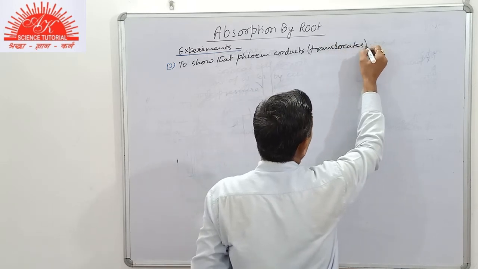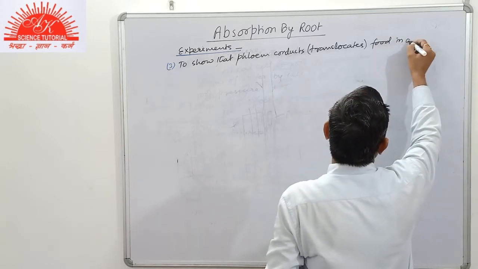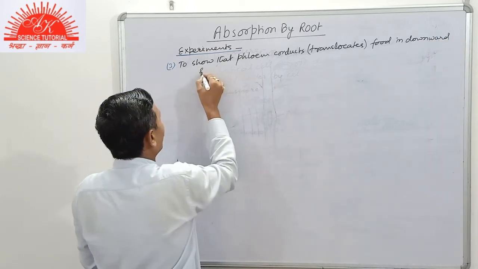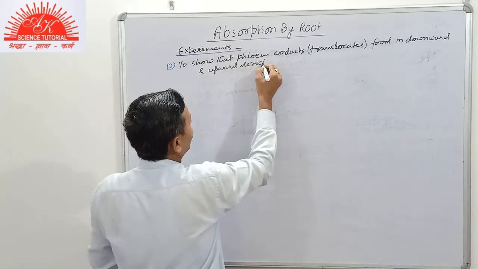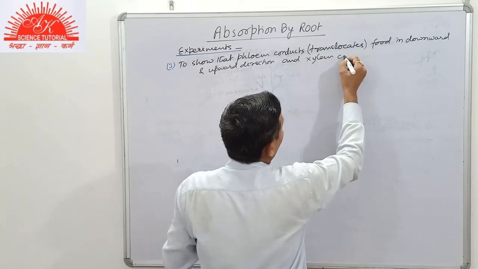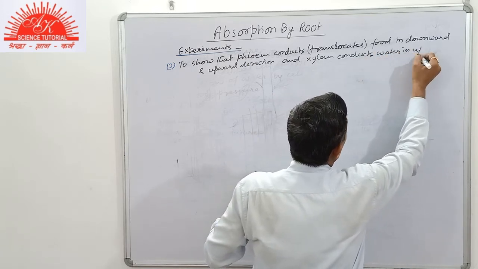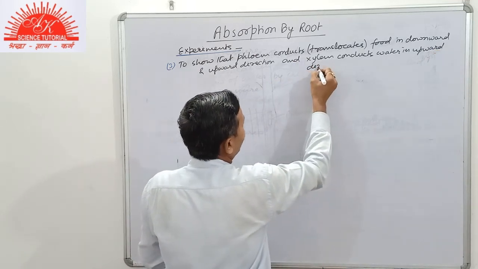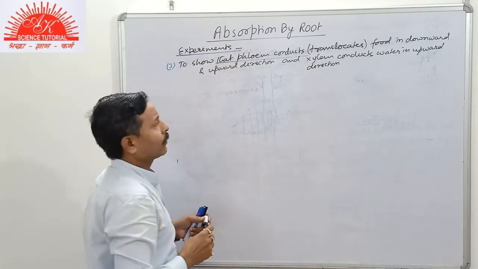Translocates food in downward and upward direction, and xylem conducts water in upward direction. Actually, in this part we explain both of them. Both conditions can be explained. Otherwise, this is the main point.